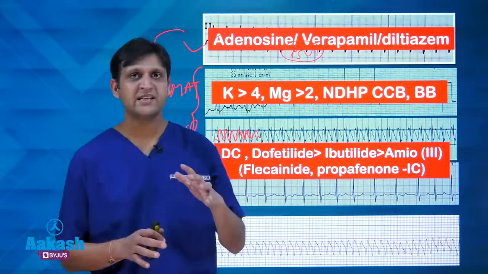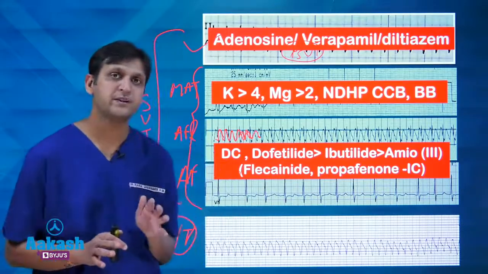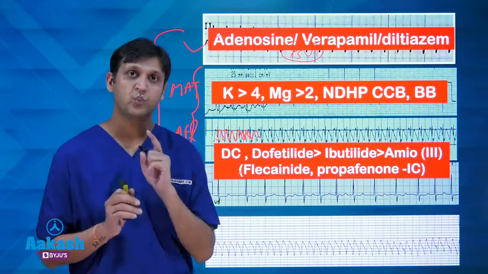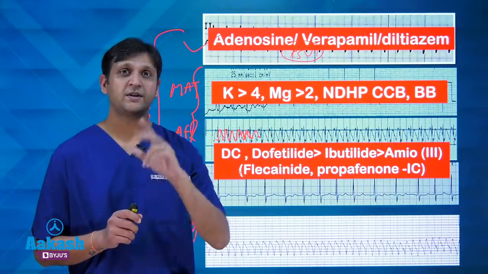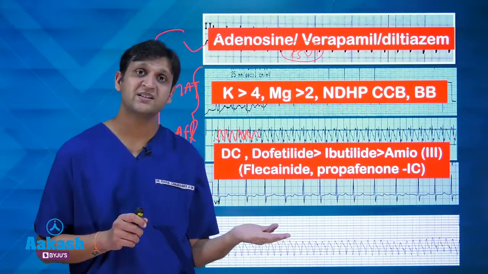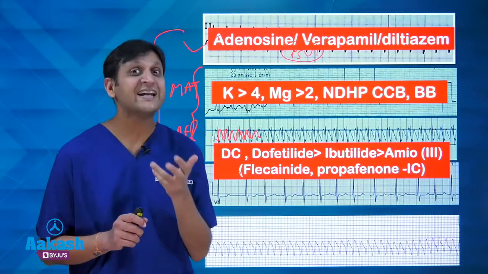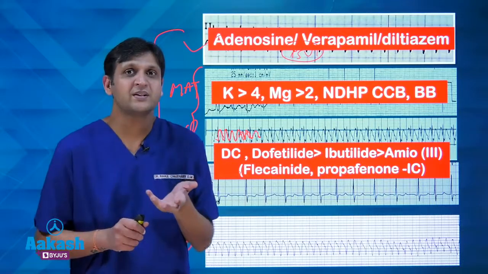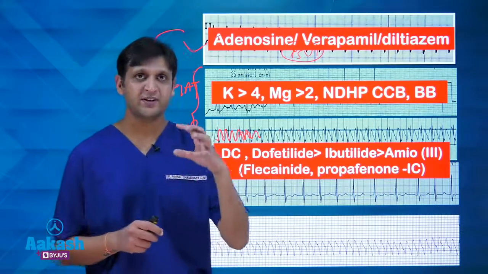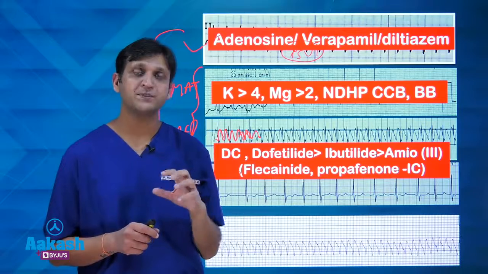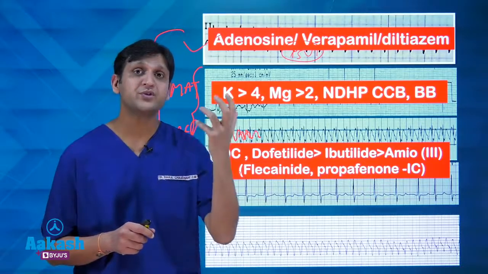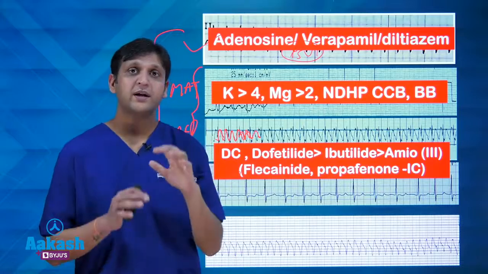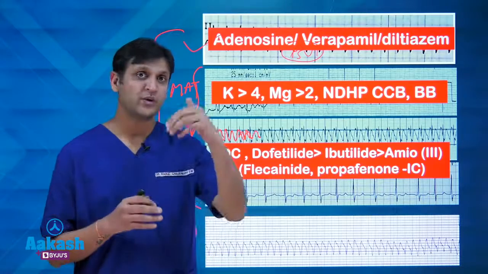The management of acute flutter and fibrillation has 2 important components. One is rhythm conversion, converting flutter and fibrillation into sinus rhythm, and 2 is rate control. What do I mean by rate control? Atrial flutter and atrial fibrillation both arise from the atria at a rate of 250 to 300. What will happen if all of these atrial impulses go into the ventricle?